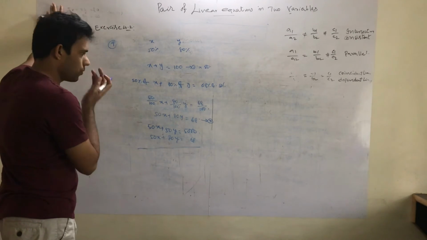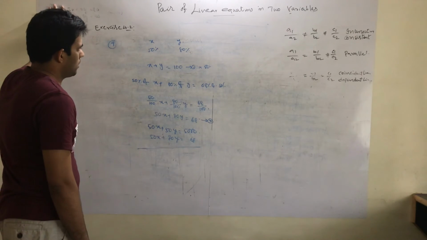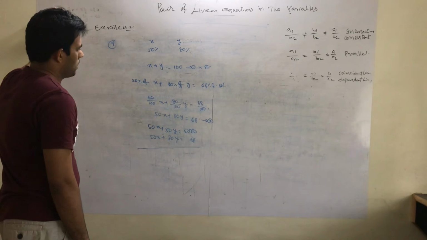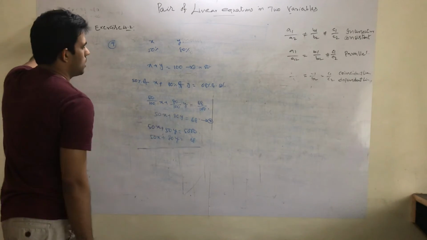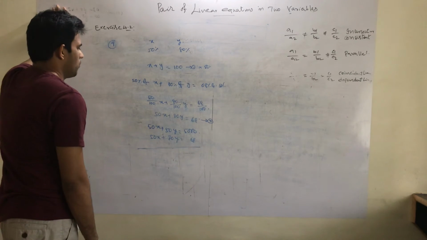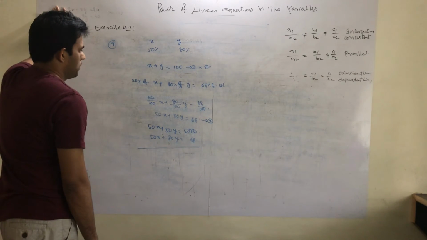So 50% of x. x plus y is 100 ml, right? So 50% of x I am adding and 80% of y I am adding. So 50x plus 80y is 68. So 50x plus 50y equal to 5000, and okay, right.